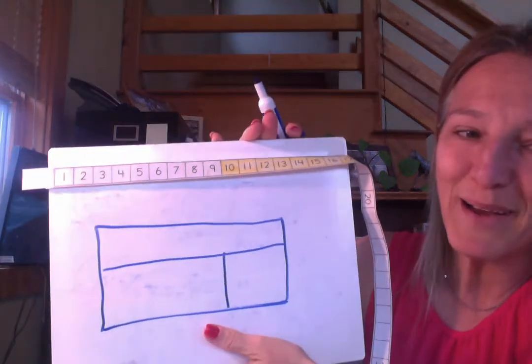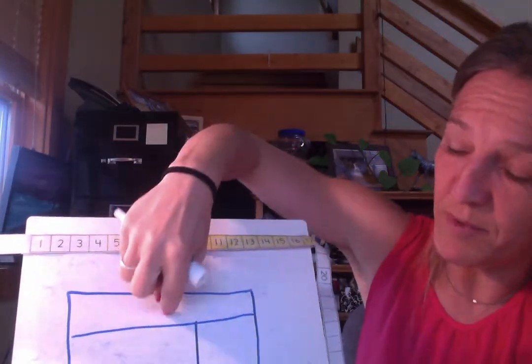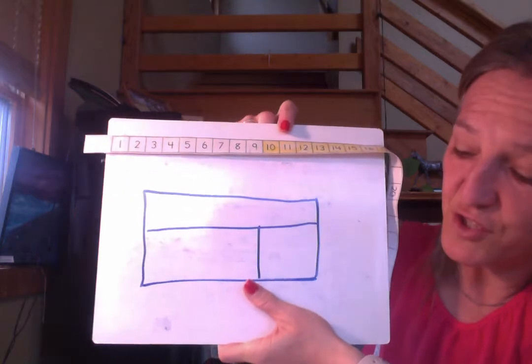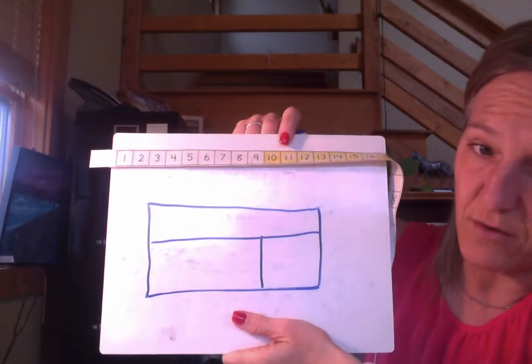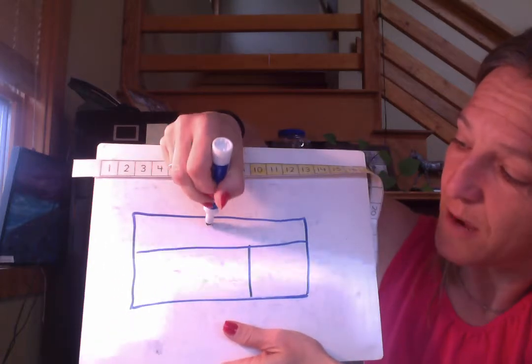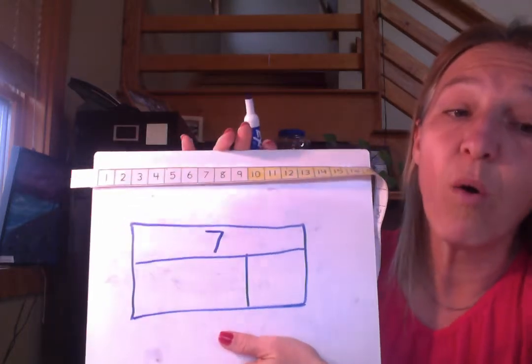So I have to bring out something that you guys all know Mrs. Davidson loves so much. What is it? Do you know before I draw it? Bar model. So what would go up here? If she started with 7 burgers, where does the 7 go? It goes up top because that is the whole, right?